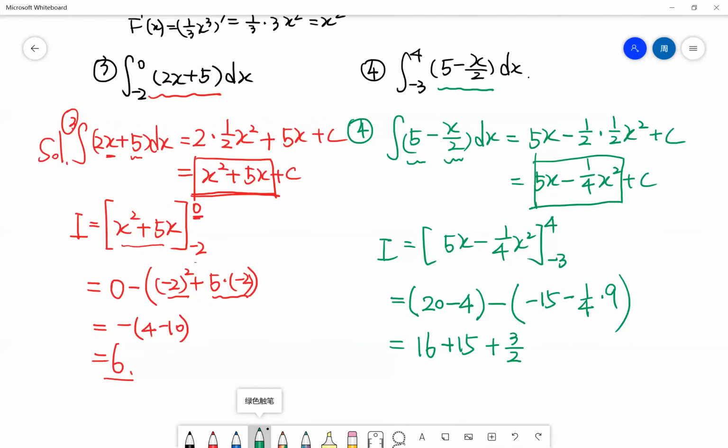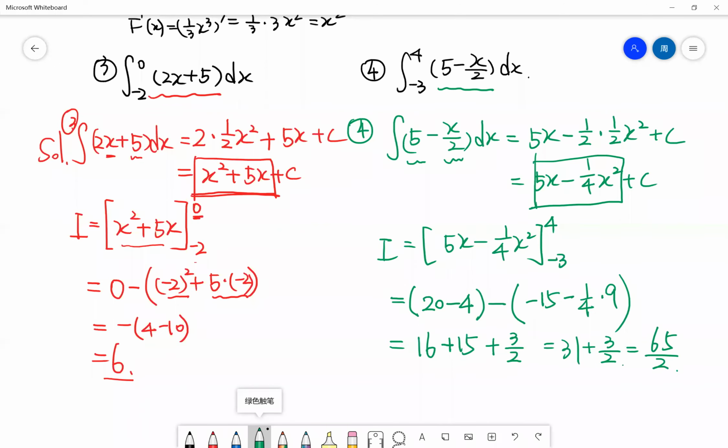So that means 31 plus 3/2. So in total, that is 65/2, right? Do you get the same answer here?